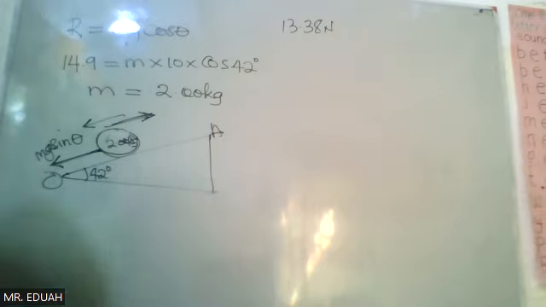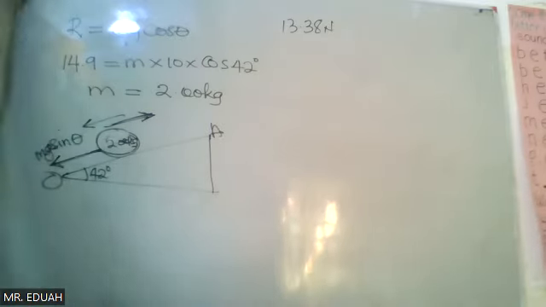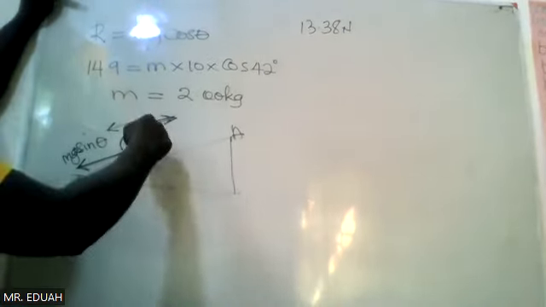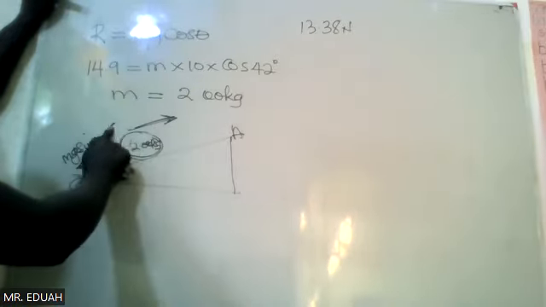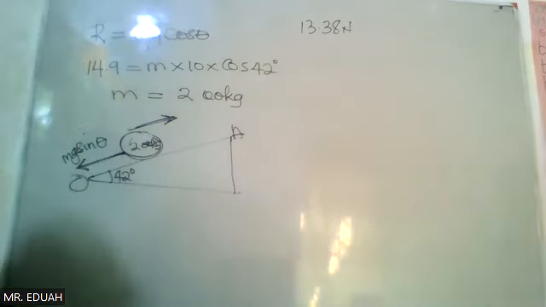Inshira, to stop this, will you apply a downward or upward force? Please, upward force. Because when you apply a downward force, you are adding to the mg sine theta. So this is out. Now I want to stop it.